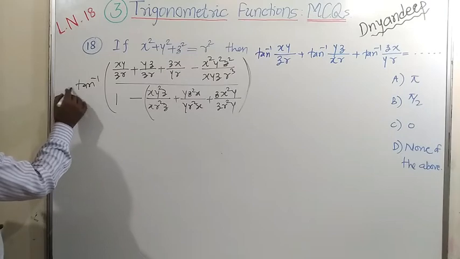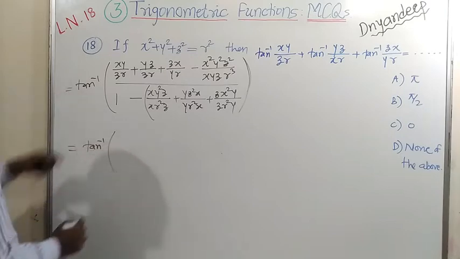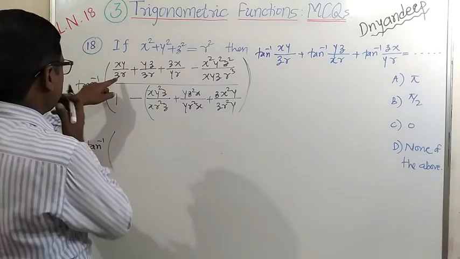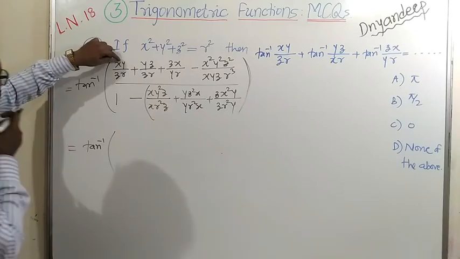So the given expression is equal to tan inverse of here. If you take, here is xy, so z is not here.